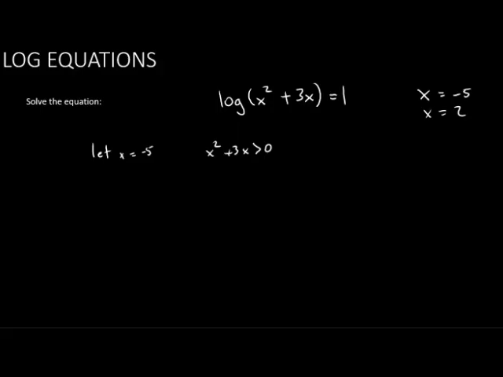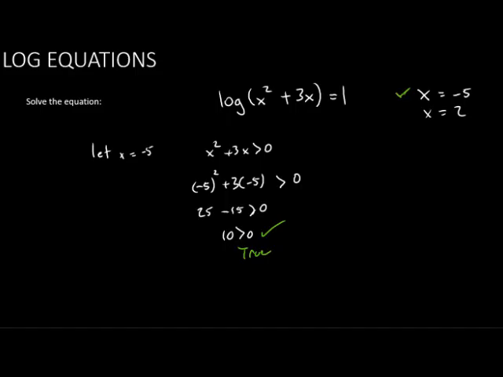If we plug in the negative 5, we'll have negative 5 to the second power plus 3 times negative 5. Negative 5 squared is 25, and 3 times negative 5 is negative 15. 25 minus 15 gives us positive 10, which is greater than 0. Therefore, this statement is true, and x equals negative 5 is a true solution.